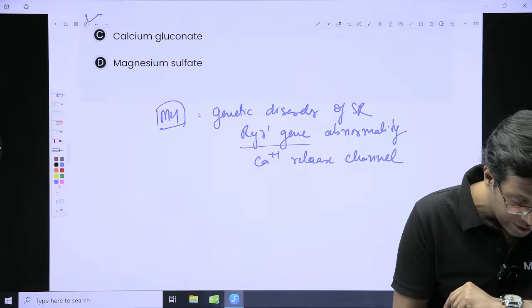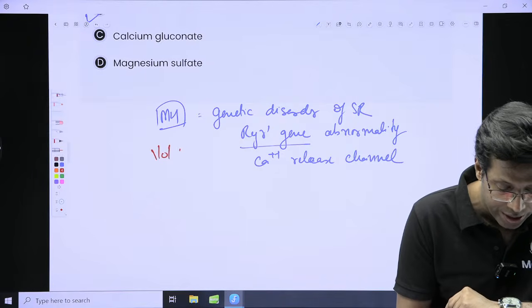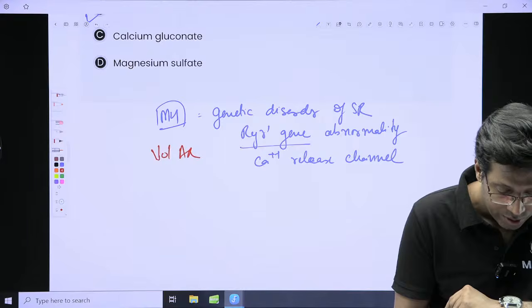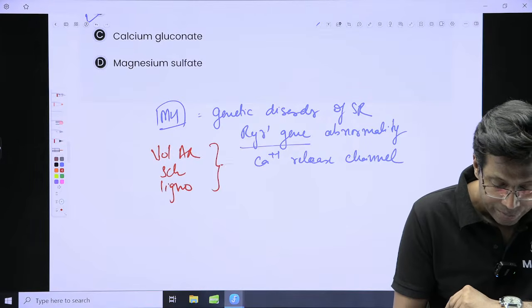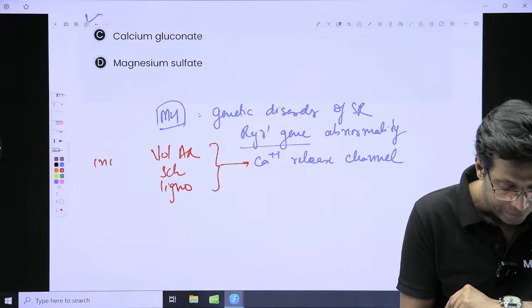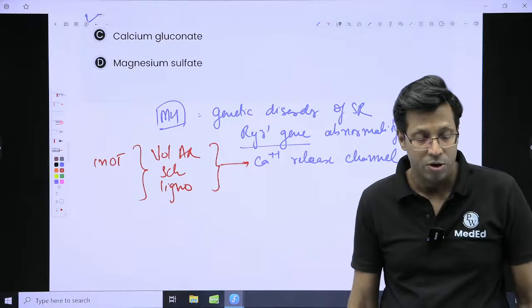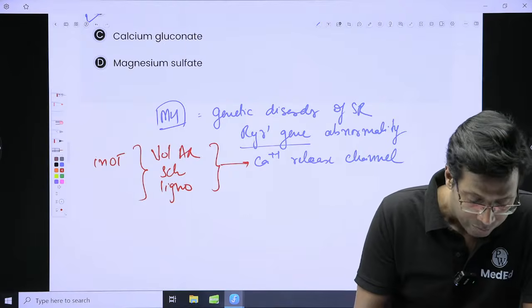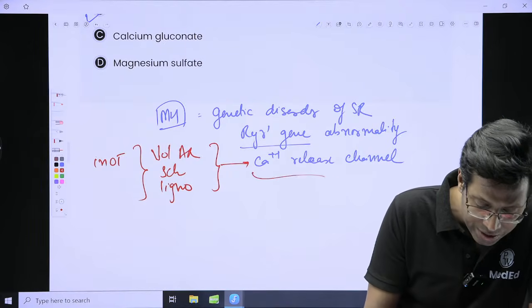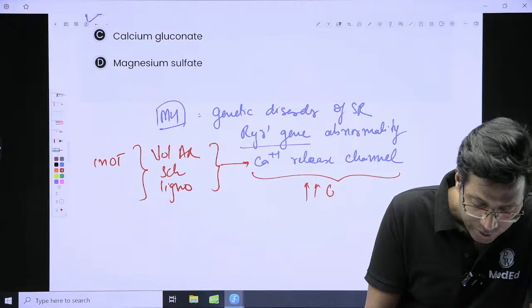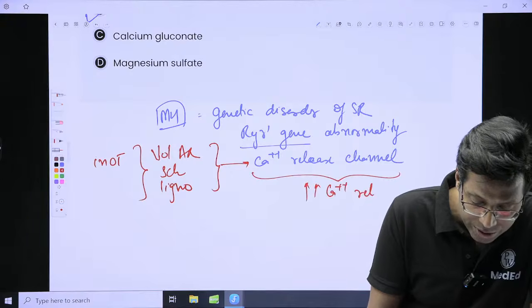So when we give a patient volatile anesthetic agents, succinylcholine or lignocaine in the OT, suddenly from the calcium release channel, a lot of calcium comes out. There is increased calcium release that takes place.